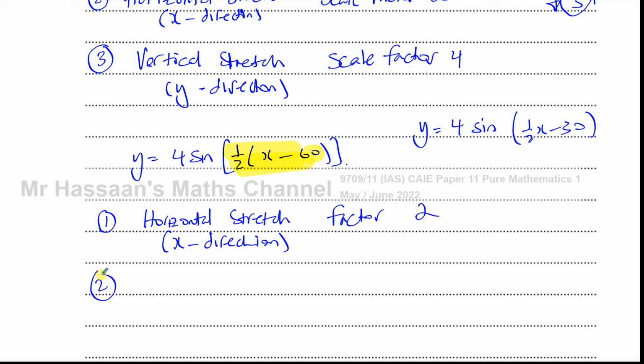Then the second thing would be, we'll deal with what's inside the function. We'll say a horizontal translation. So we can just say a translation and we can put the vector, that's fine.